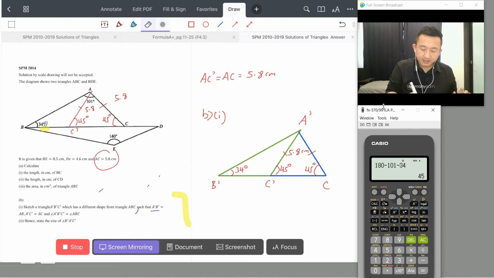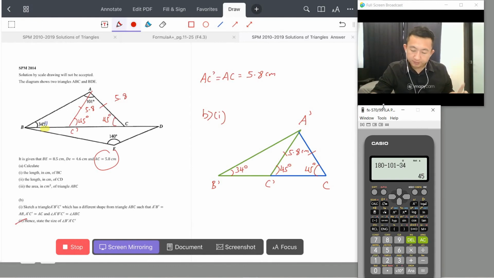Hence state the size of angle B prime A prime C. Okay, so which one are you looking for? BAC. We are looking for this angle. Okay, simple. We need to get this one. So this is 180 minus 45, so this is 135. Am I right? Yes, 135.